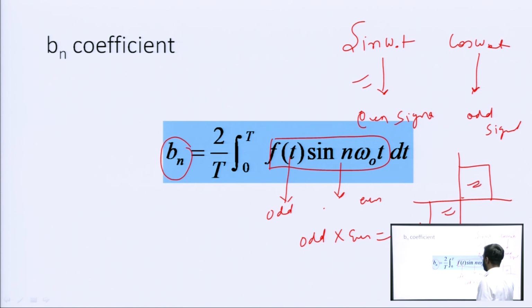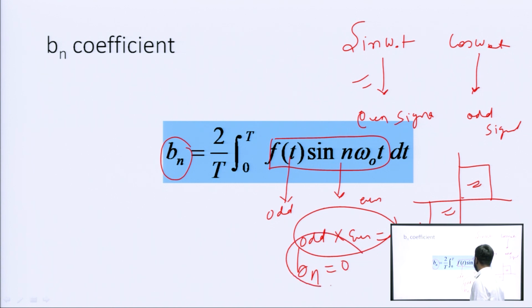So, directly from this result we can write that the value of b n is equal to 0.